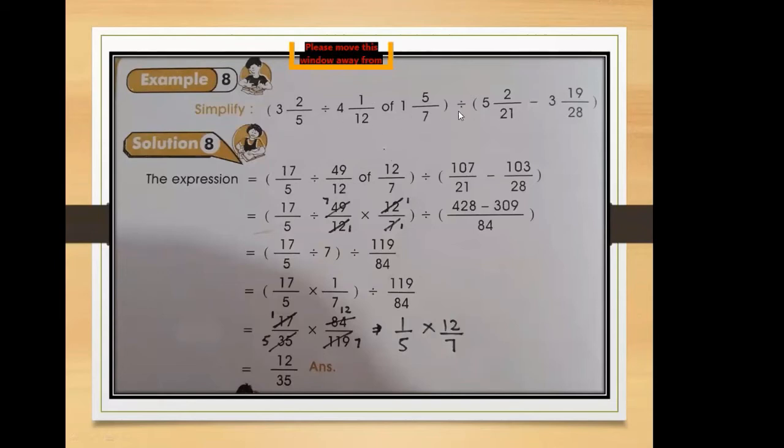Okay, what is the sign between these two fractions? There is a sign of division. So put the sign of division.